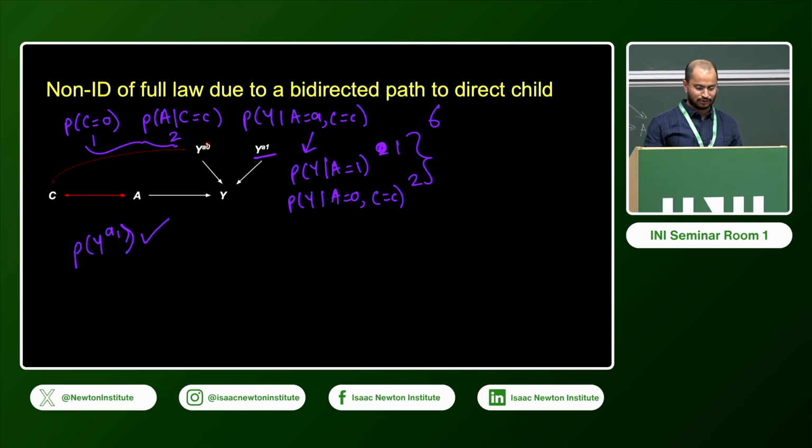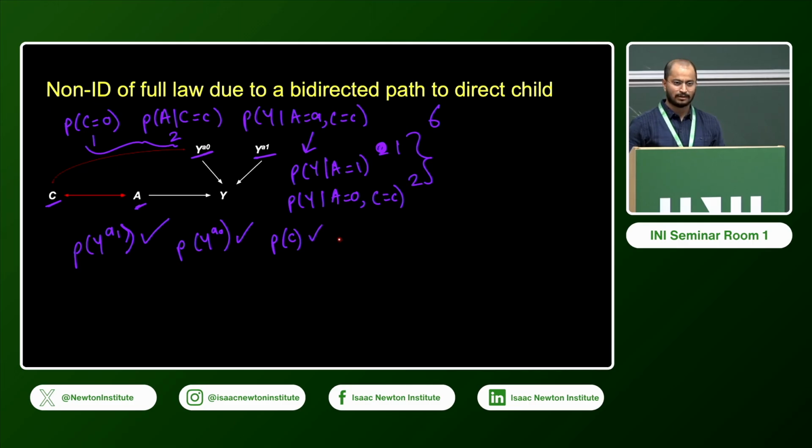Now, the Mobius parameterization, remember the way that it works is you do all univariate margins, then you do all bivariate margins, and then you do all triplet margins. So, if I list all of those out, here's how it goes. I've got P of YA0, which is ID, P of C, which is ID, P of A, which is ID.